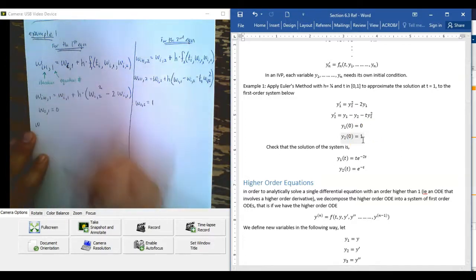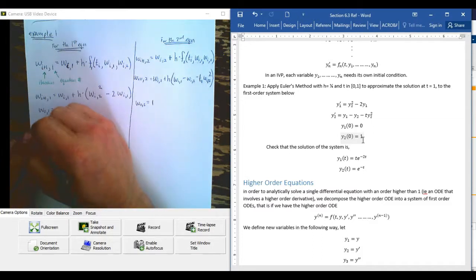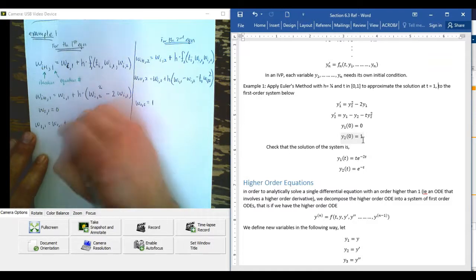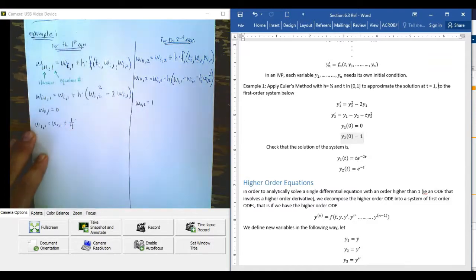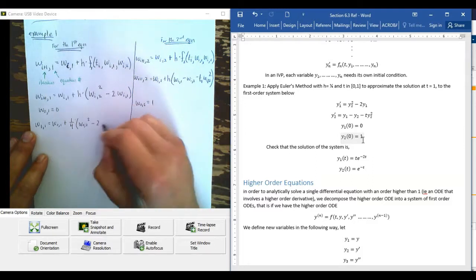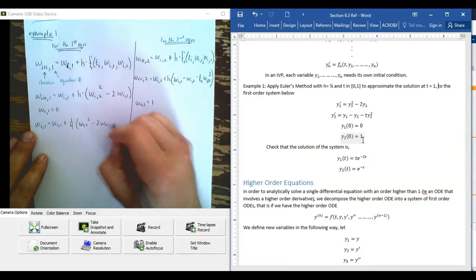So next up is W11. That will use W01 plus 1/4, our h, times W02 minus 2 times W01.